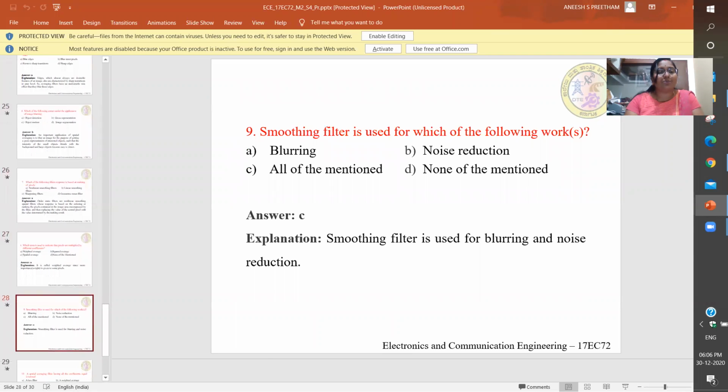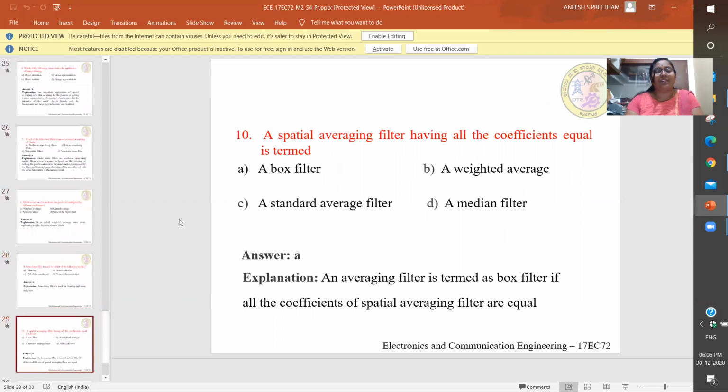So last question for our discussion is a spatial averaging filter having all the coefficients equal is termed first option a box filter, second a weighted average, third a standard average filter. Fourth one, a median filter.